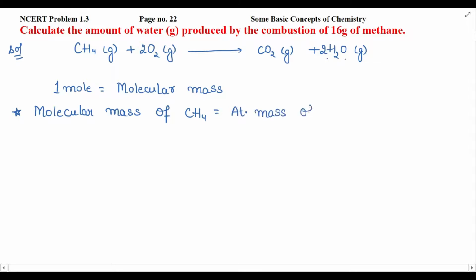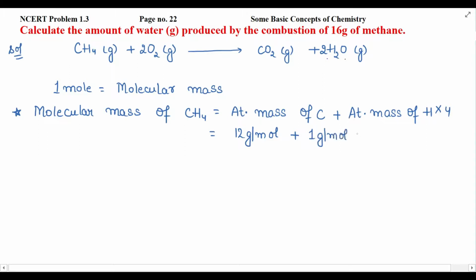of carbon plus atomic mass of hydrogen. There are 4 atoms of hydrogen, so into 4, right? So atomic mass of carbon is 12 gram per mole plus atomic mass of hydrogen 1 gram per mole.